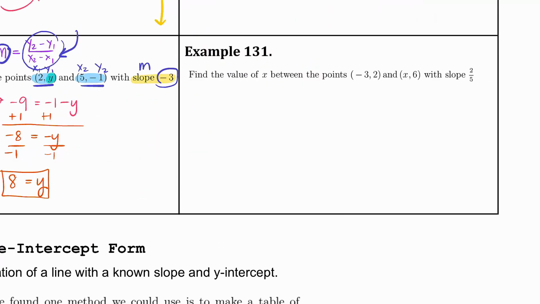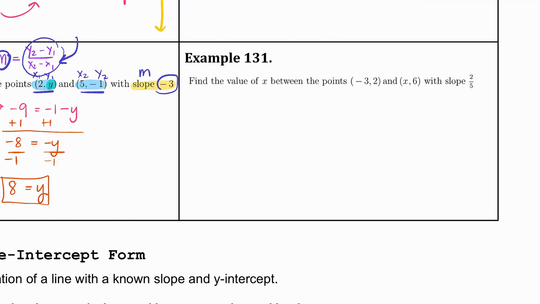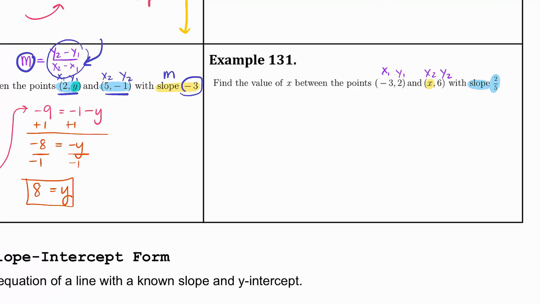Okay, same concept on this next one, but we're trying to find this missing x value, and we know our slope, or our m, is 2/5. So I'm going to label this x1, y1, x2, y2, and just like we did right over here, we're going to use that formula to fill in the pieces that we do know.